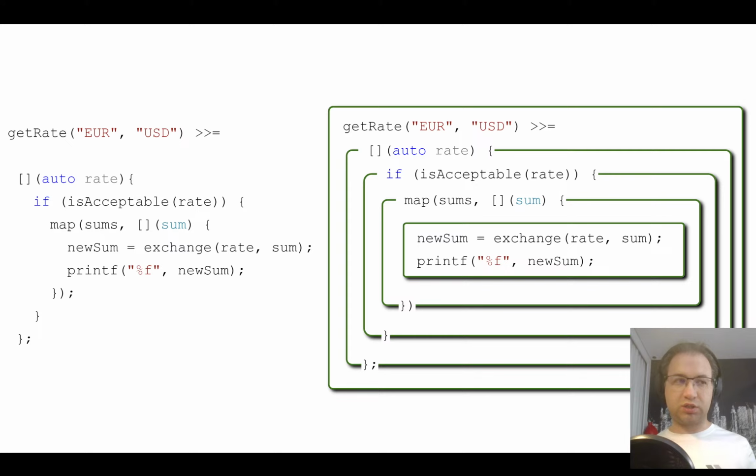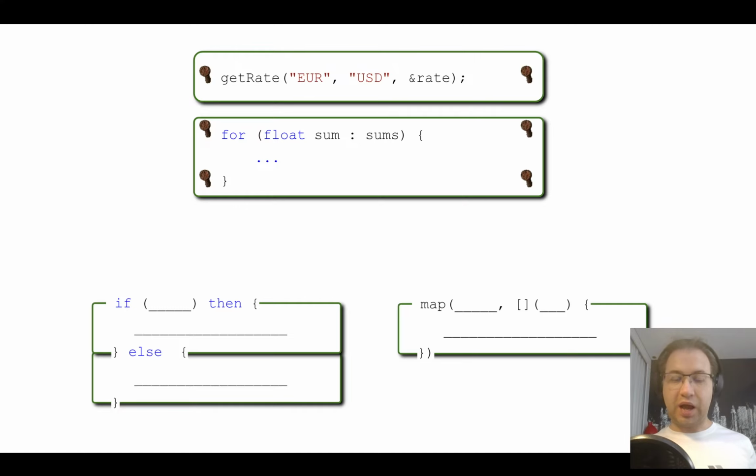So we construct tree-like structures, tree-like expressions from our code. And what's more interesting and more important is that our functional idioms and items, they are not nailed down to the mental model of our program.